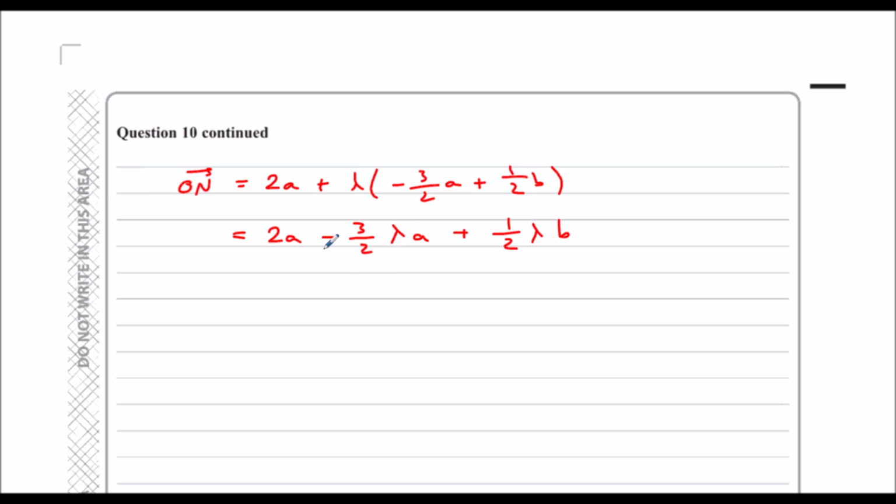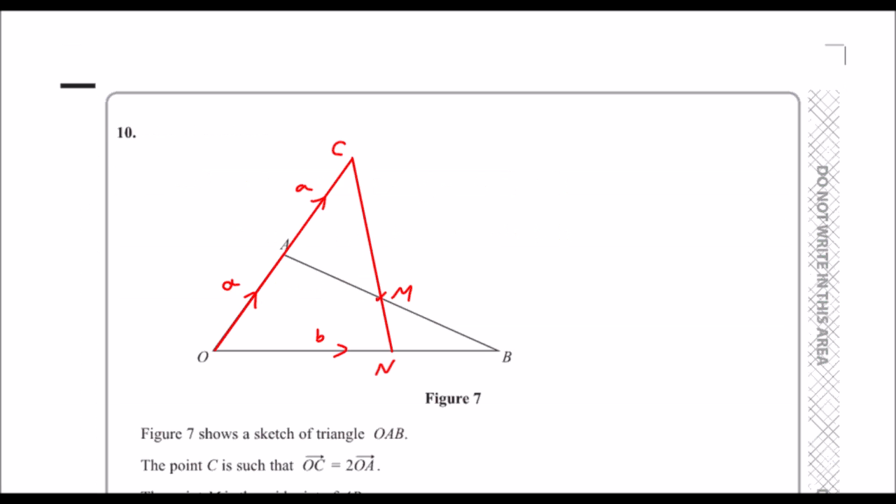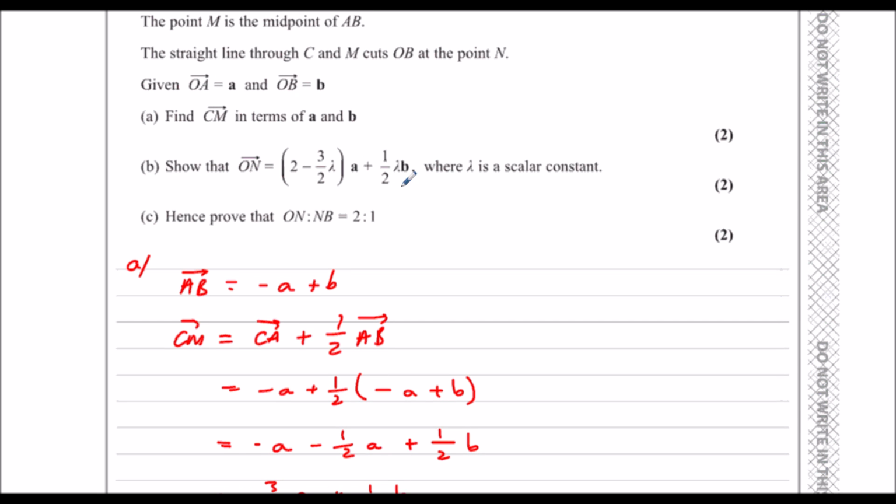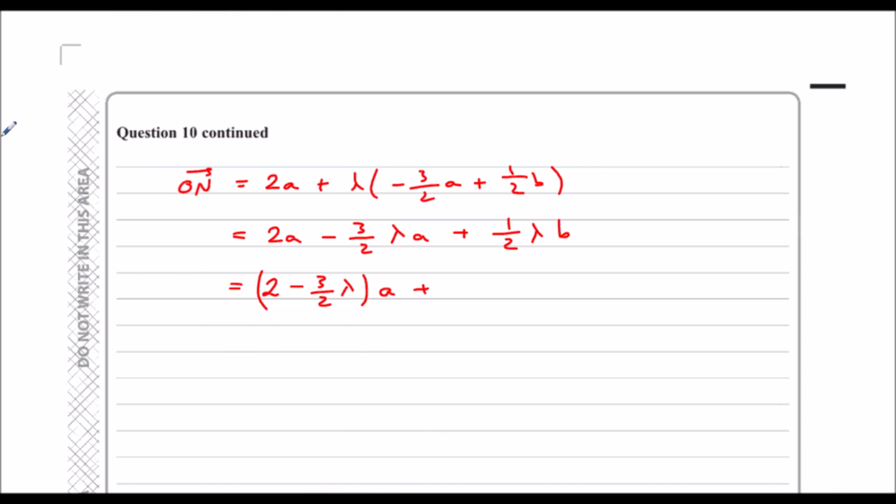And if we think of this as factorizing out the a, so we'll have 2 minus 3 over 2 lambda a plus half lambda b, which is what we wanted. That's our answer.